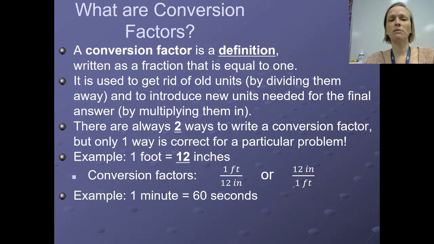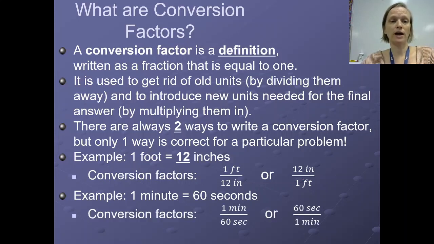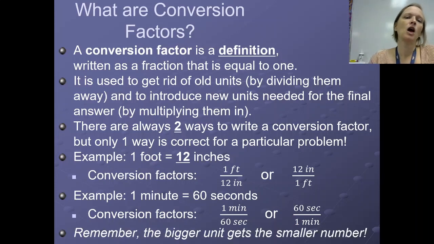Another example would be 1 minute equals 60 seconds. There are two ways to write this conversion factor, either with the 1 minute on top and the 60 seconds down below. Those two quantities are equal. Or with 60 seconds up top and 1 minute down below. Those two quantities are equal. Remember, the bigger unit gets the smaller number.